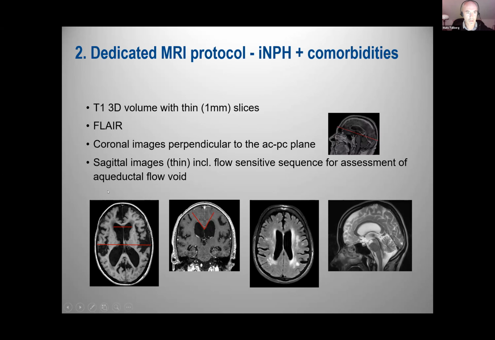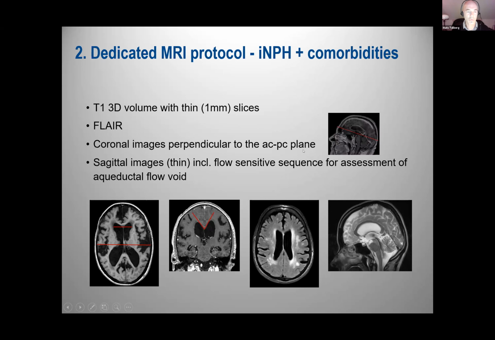Your radiology will probably not have any difficulties identifying the best sequences, but you should use a T1 3D volume with thin slices which you can realign for measurement of the callosal angle, for instance, FLAIR images for assessment of cerebrovascular disease, small vessel disease, coronal images, which you can get from the T1 3D volume or have separately.